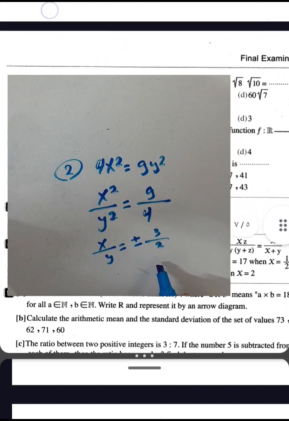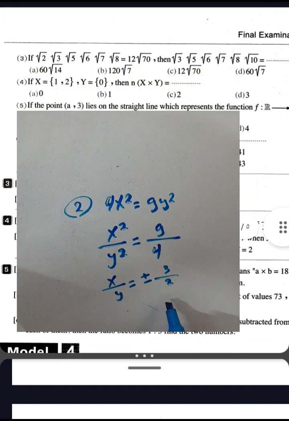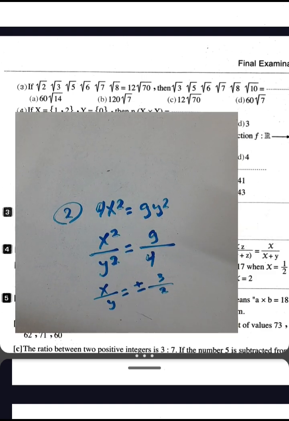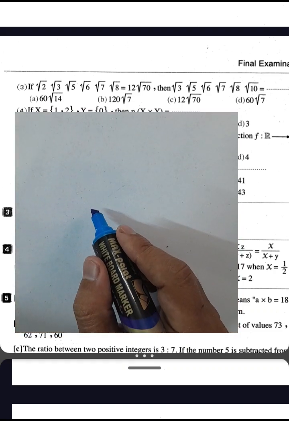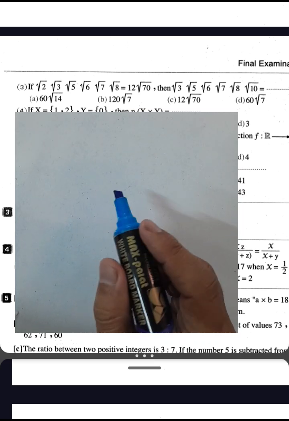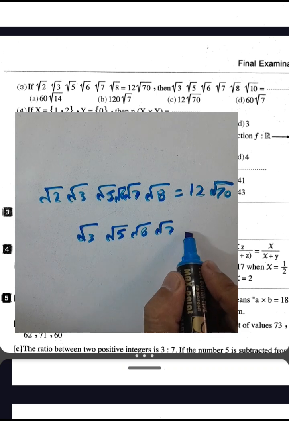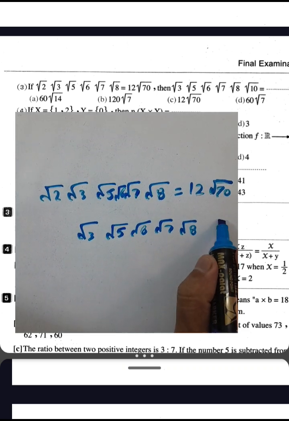Next example. Question number 3. If root 2 times root 3 times root 5 times root 6 times root 7 times root 8 equal 12 root 70, we want to find root 3 times root 5 times root 6 times root 7 times root 8 times root 10.